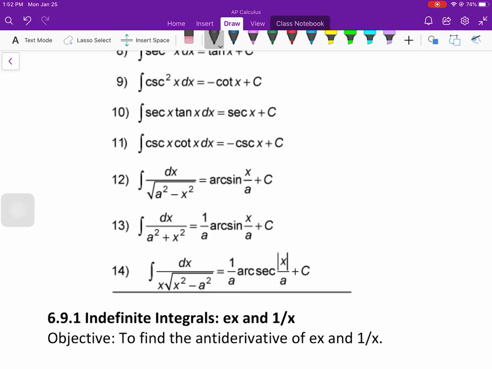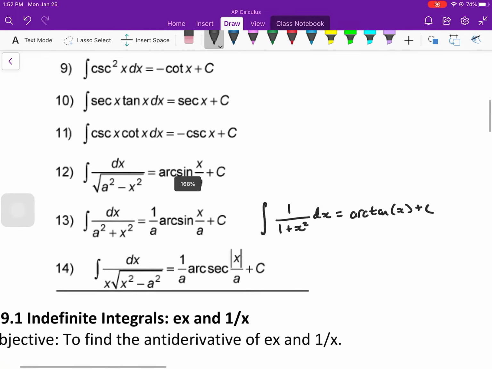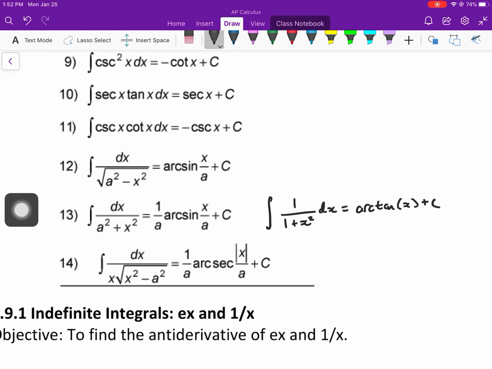Yeah, that's what I thought. Kind of curious where that arcsine formula is coming from. So there we go. Just add one in there real quick. I think I've seen this one before.